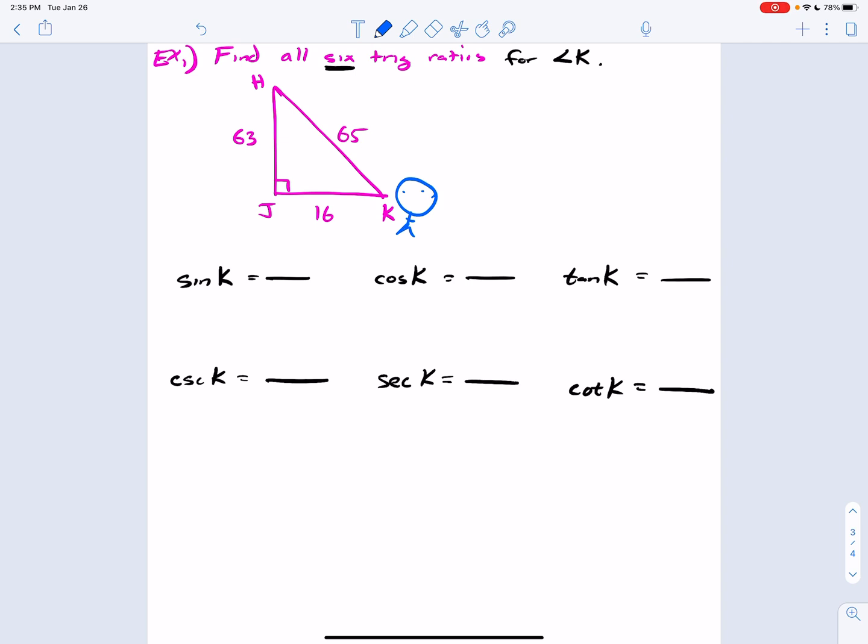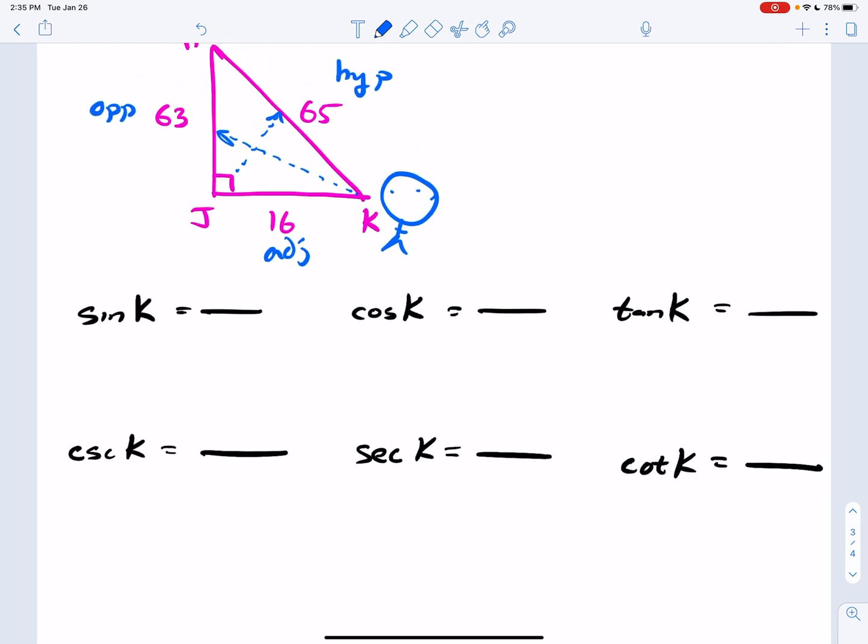Press play when you're ready. So if you're standing here, directly across from your little person will be your opposite side. Always across from the right angle is your hypotenuse. And right next to you is your adjacent side. Okay? So, cool, here we go.